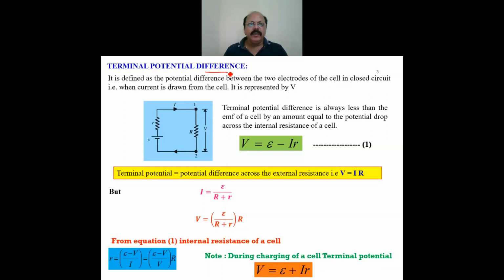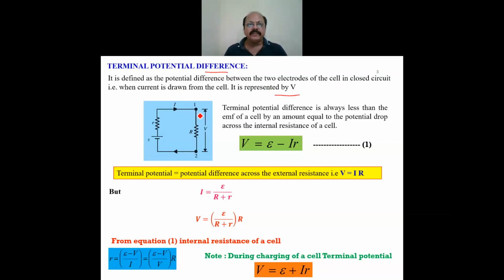Let me remind you, the EMF of a cell is the maximum potential difference between the two electrodes of the cell, positive and negative, in open circuit, meaning no current flows through the cell. But the terminal potential difference is the potential difference between the two electrodes of the cell in closed circuit, when the current is drawn from the cell. It is represented by capital V.